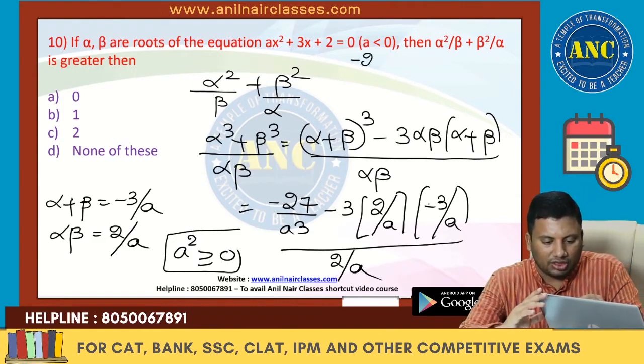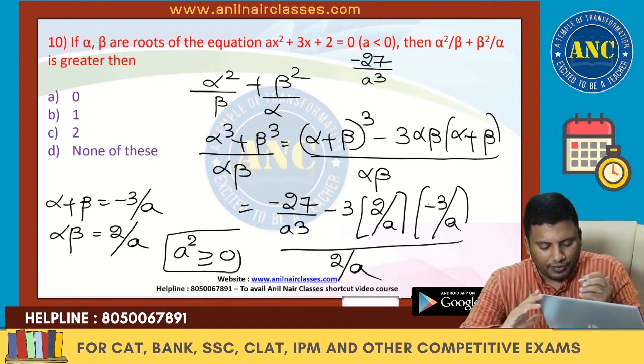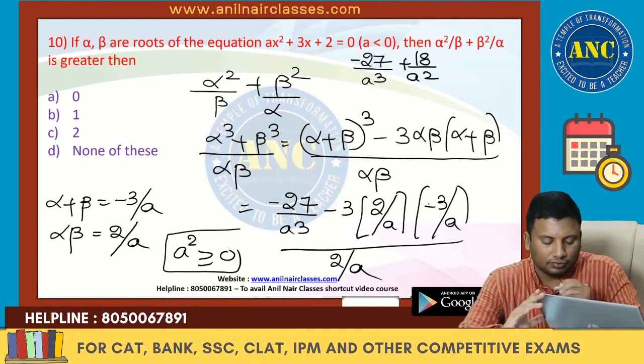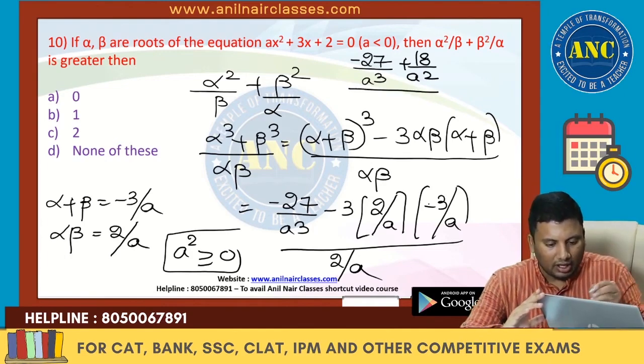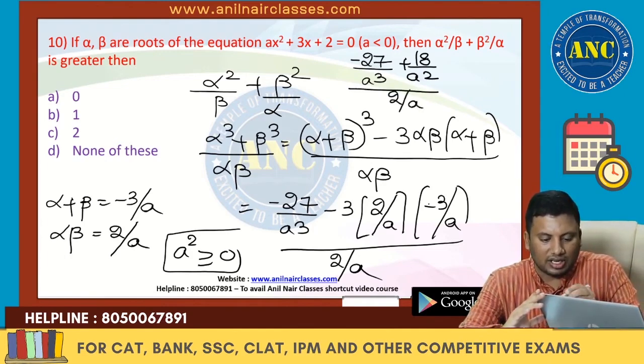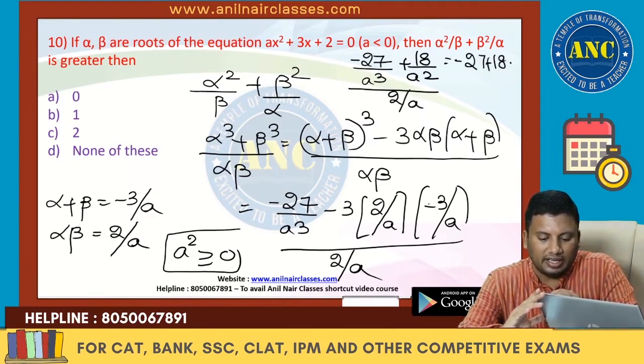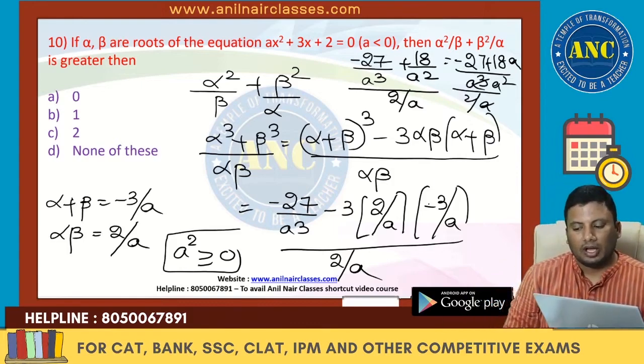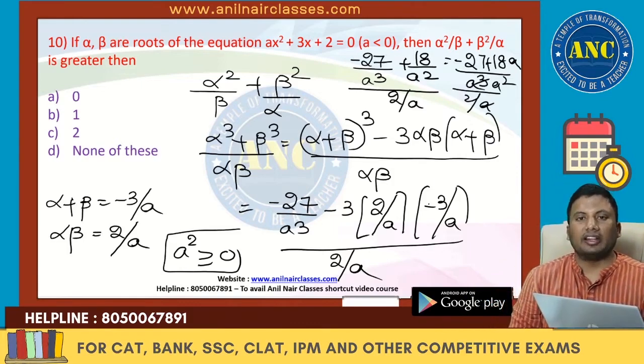So this is nothing but minus 27 by A cube plus 18 by A square, divided by 2 by A, which is nothing but minus 27 plus 18A by A cube divided by 2 by A, which gives 18 square. I hope it is clear. I hope from this you will get this answer.